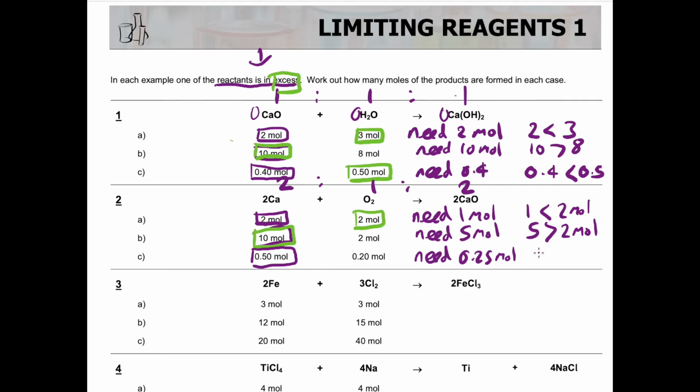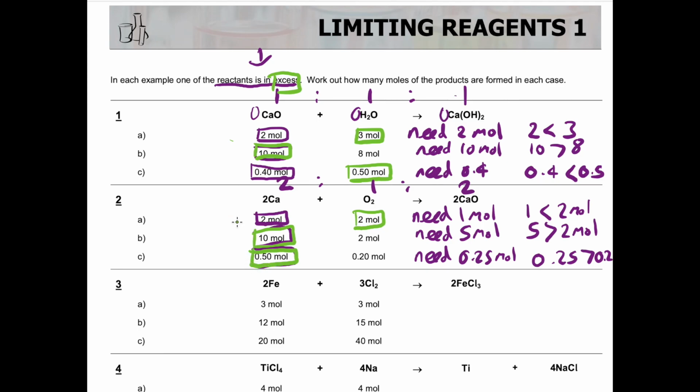And so comparing that to the 0.2 that we have, 0.25 is greater than 0.2, and therefore we don't have enough to completely react all of that calcium with, therefore our oxygen is limiting and our calcium is in excess.